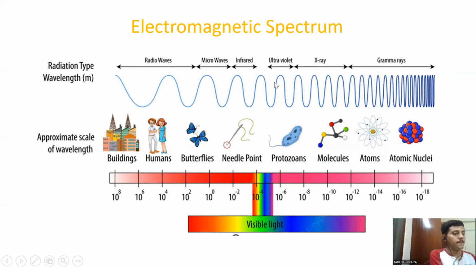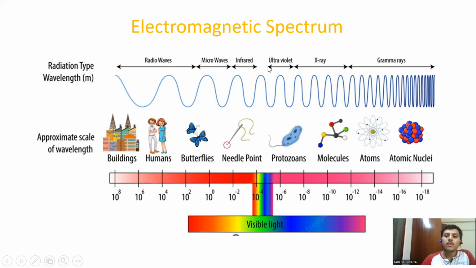Then UV rays or ultraviolet rays correspond to a wavelength range of about 10 nanometers to 330 nanometers, and these UV rays are generally used for various absorption spectroscopy experiments.